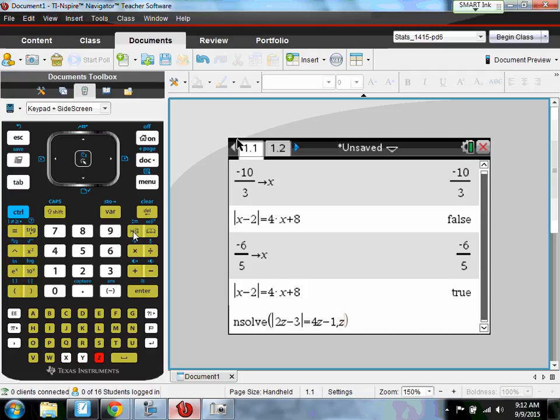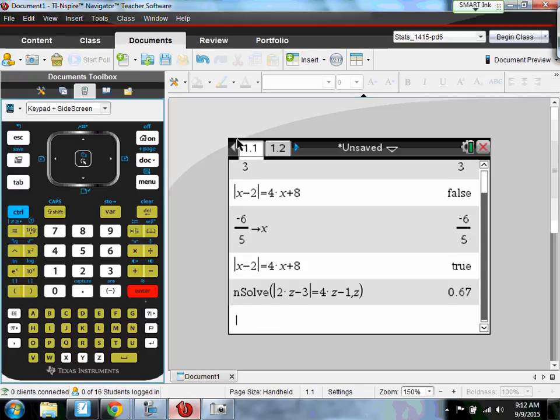If you're using the TI Nspire CX, not the CAS, it's only going to give you one solution if there are more than one. This could have 2 solutions, but the calculator is only going to give you one. If you're using this to solve quadratic equations, it's only going to give you one of the 2. And all quadratic equations have 2 solutions. We'll get to that in chapter 4. So here we go. The solution is 0.67.